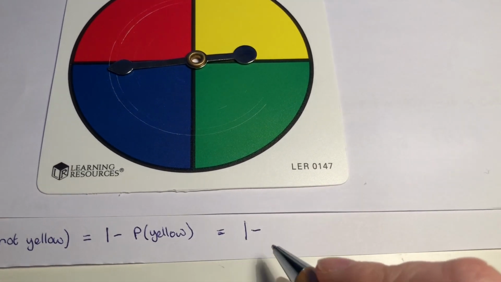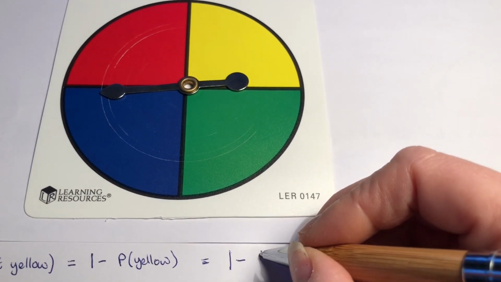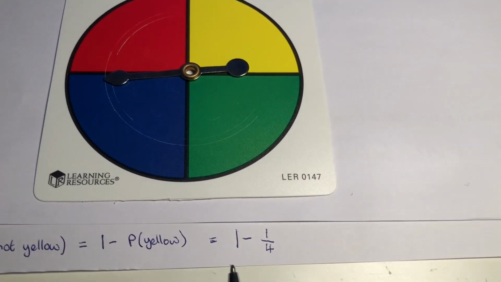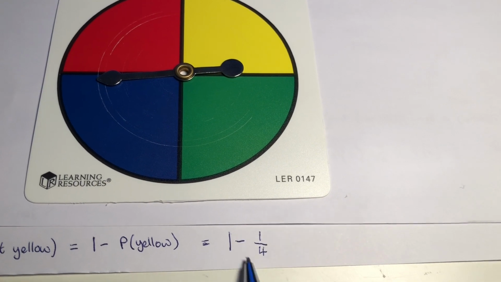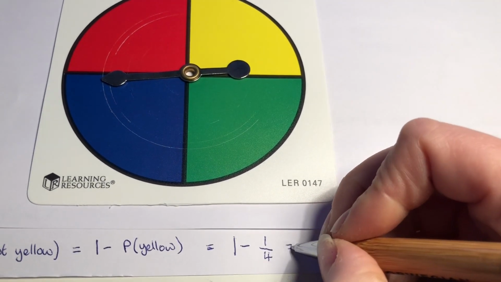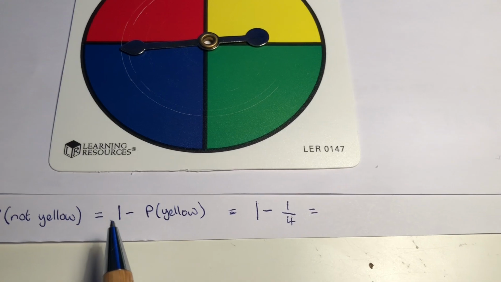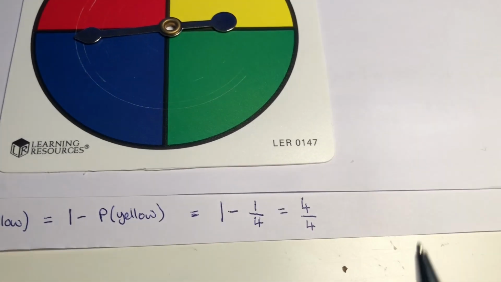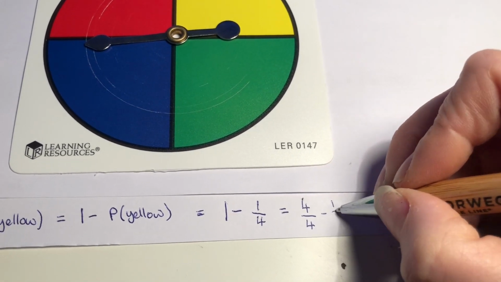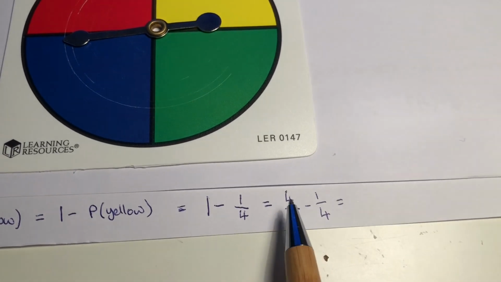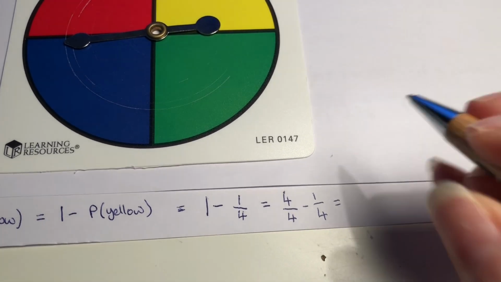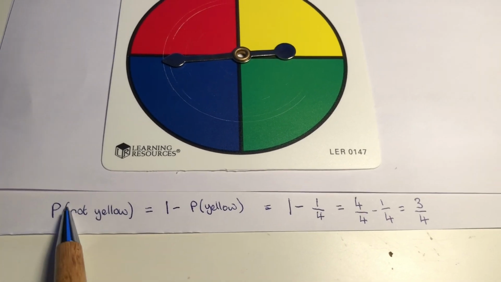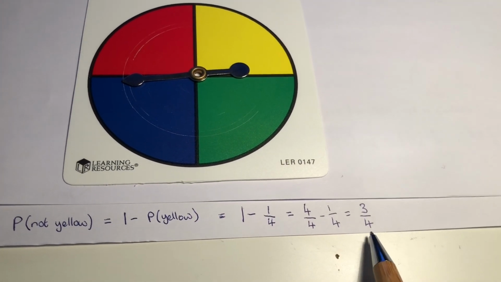And the probability of us getting a yellow is there is 1 yellow out of 4. So 1 take away a quarter will tell us the probability of not getting a yellow. And 1 take away a quarter, well, if we change our whole number into quarters, then we can more easily see that if we had 4 to start with and we take one of them away, we get 3/4. The probability of not getting a yellow is 3/4.